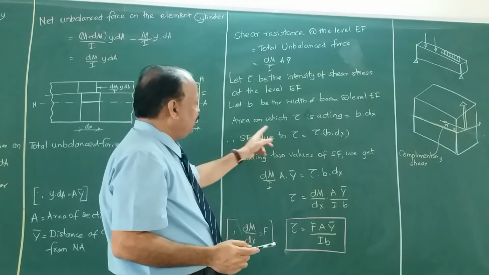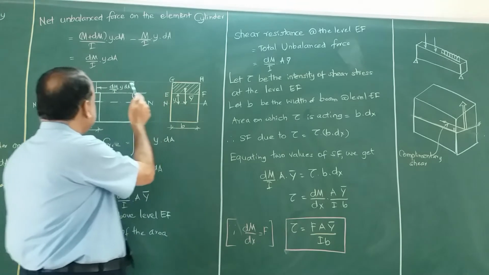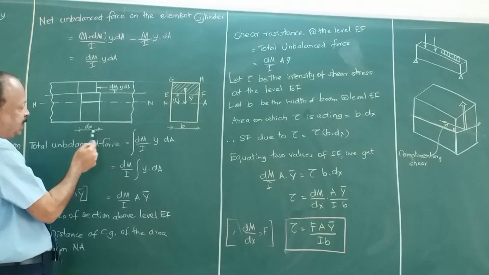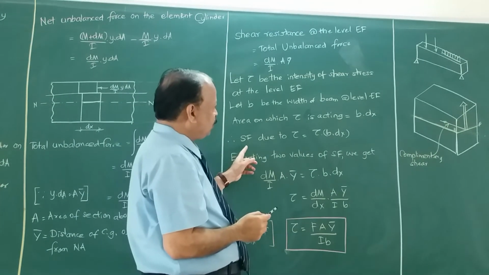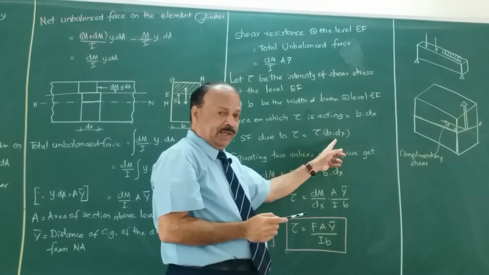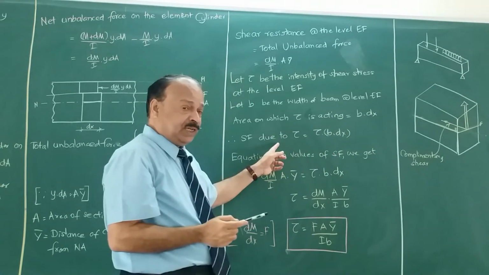Then the area on which tau is acting is B multiplied by dx. So this is the width B, width of the beam is B, and the length is dx. On that area it is acting. So shear force due to tau will be equal to shear stress multiplied by area. So tau into B dx will be the shear force.